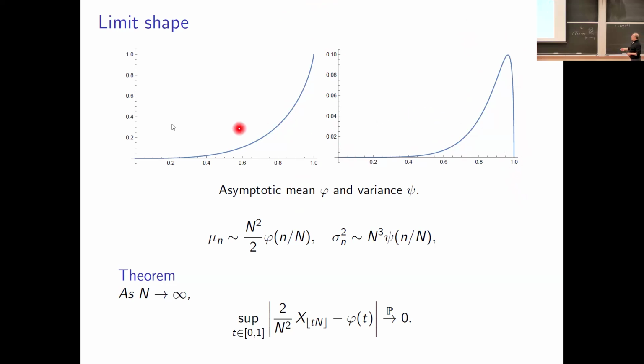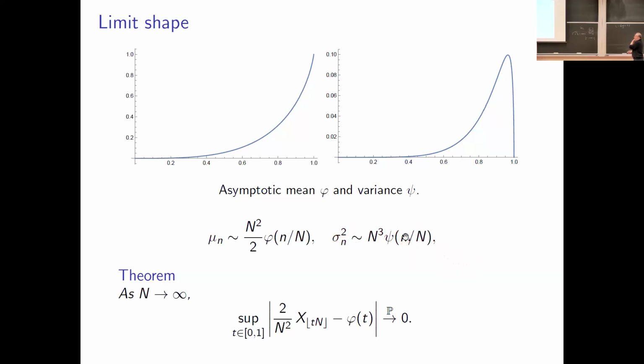But note that the scales here are different. This is from 0 to 1 scale, and this is a scale from 0 to 0.10. So this has a certain maximum, then goes to 0, and this goes to infinity.